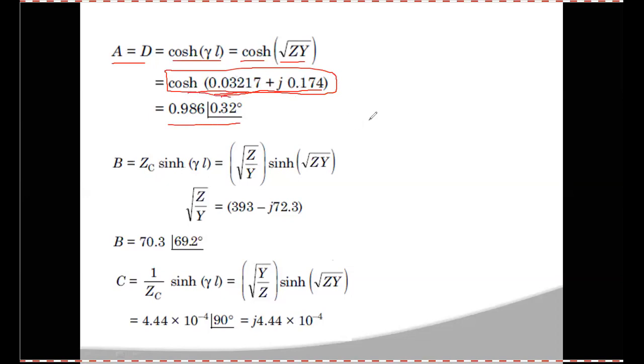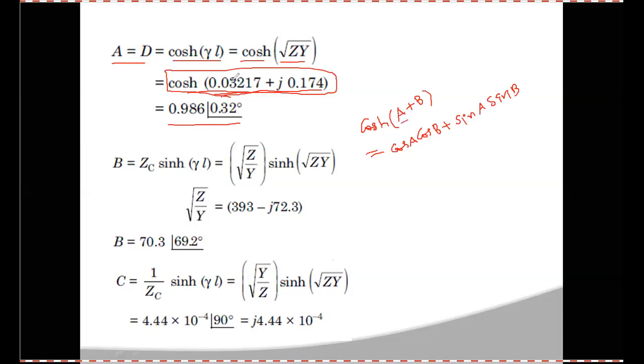So you expand this. Cosh of a plus b, you know that. Cosh of a plus b is equal to cosh a cosh b plus sinh a sinh b.